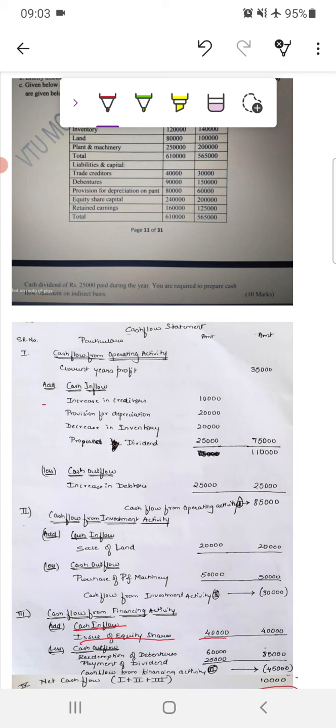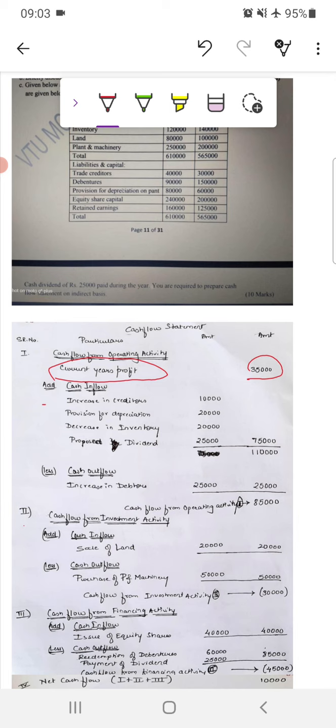Okay, after that, retained earnings. Now this is a very important point. Please pay attention. Okay, I have told you, in operating activity, the first thing that we consider is current year's profit. And in the previous problem, we have seen that the P&L account was given on the liability side. We found out the difference between the P&L account of 2 years and we wrote it as current year's profit.